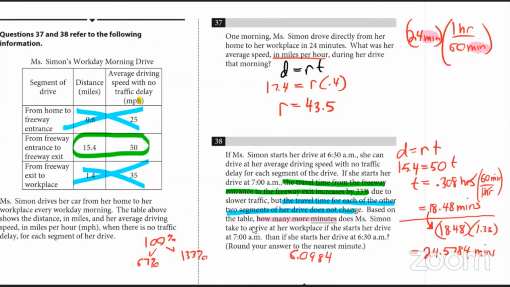Now the question is asking us in terms of minutes. So once again, that's implying whole minutes. So we need to round this to either 6 or 7, and we can keep it at 6 because the number that follows the 6 is not 5 or greater. So we'll just say it's 6 minutes. And the answer to number 38 is indeed 6.